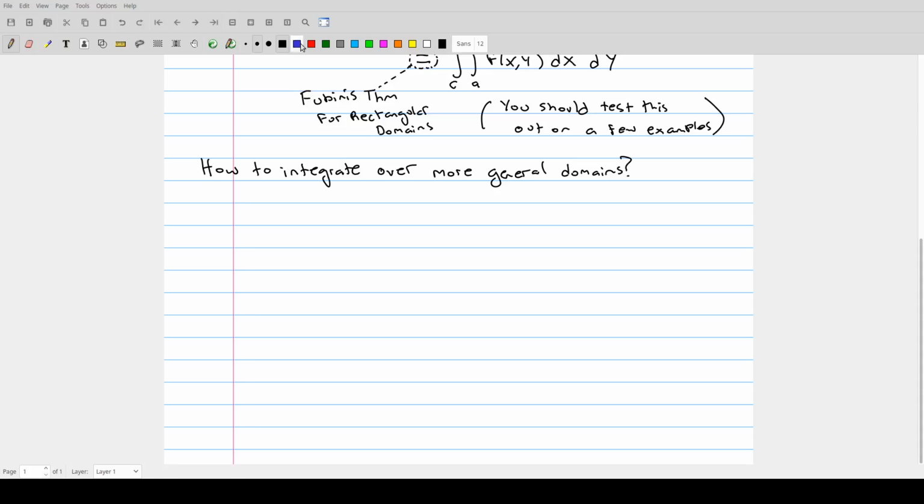For example, we can draw a picture of a slightly more general domain in the following way. This is very much related to when we went through the other day and got the area of a circle. A more general domain is going to be something that is bounded above and below by A and B in x, and above and below by C and D in y, and maybe has a shape that looks sort of like this.